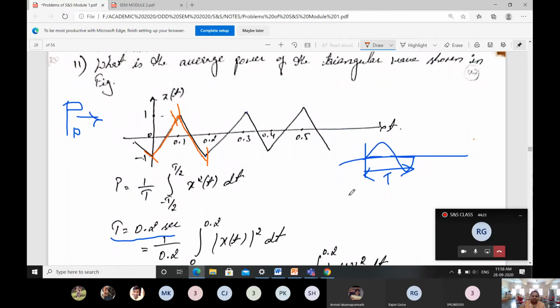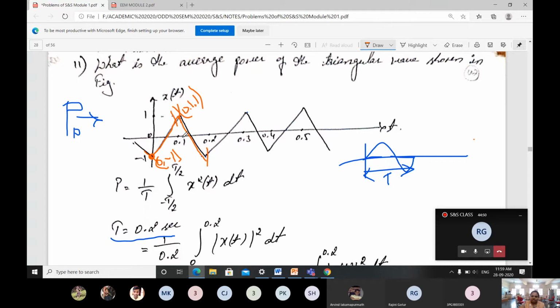Next, first I will find for this line what point I can take here. At the starting of the line it's going to be 0 comma minus 1, right? Then here what point will I get, 0.1 comma 1, because the amplitude here is 1.